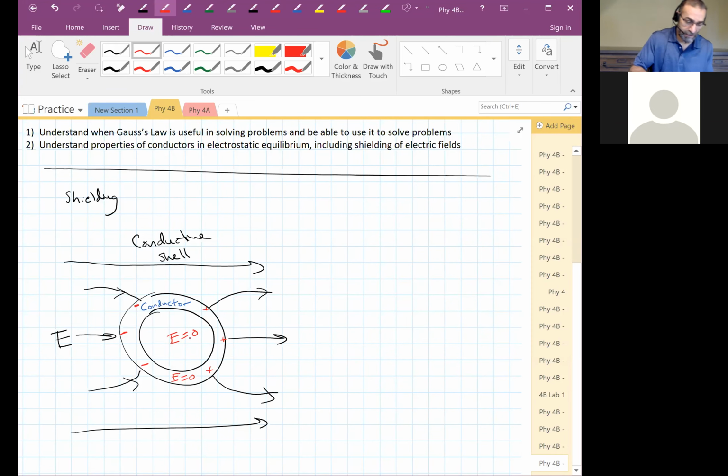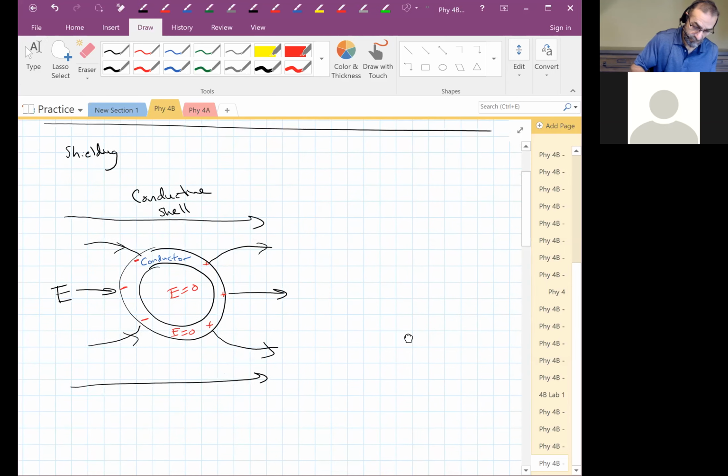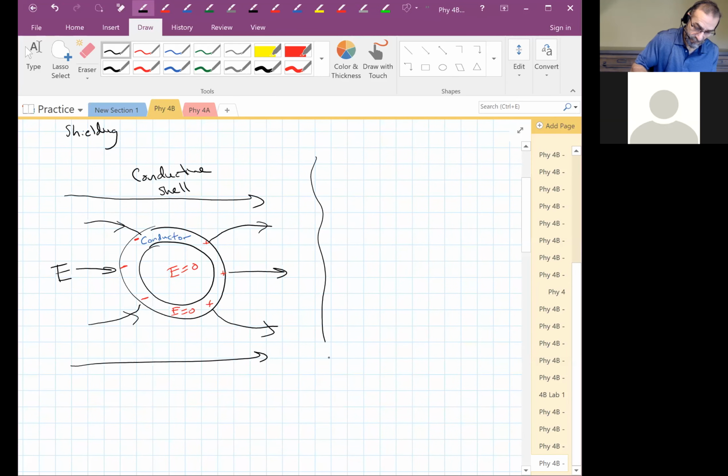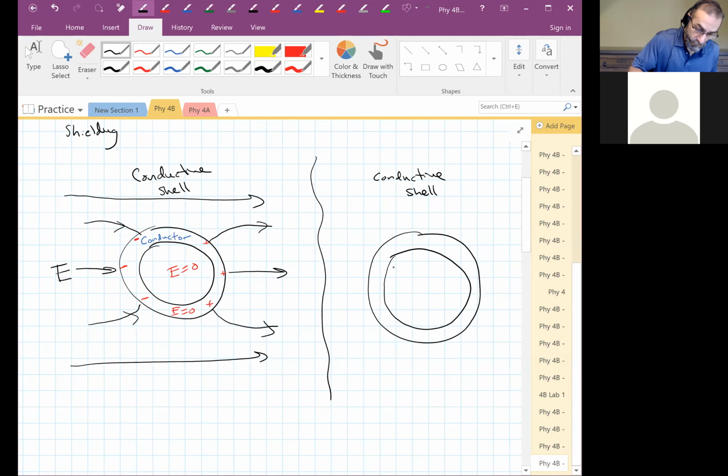Now, let's think about this situation. We'll take our conductive shell, and we'll put a charge inside of it.